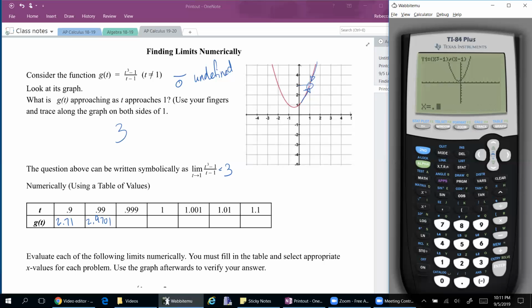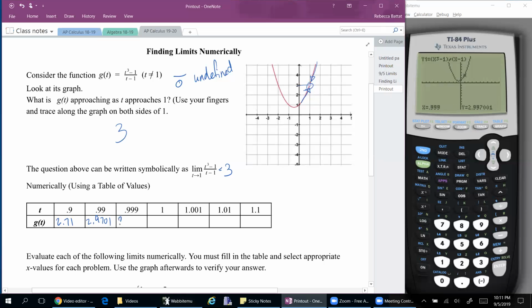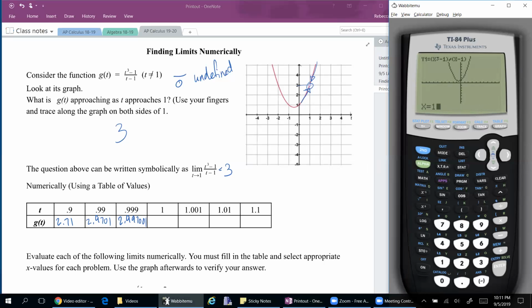And put in 0.999, we get 2.997001. In general, for AP Calculus, I suggest using 5 decimal points. You need a minimum of 3, but you might get marked off for a rounding error if you only use 3, so use 5. And if we put in 1, we'll see that there is no y value here because it's undefined.